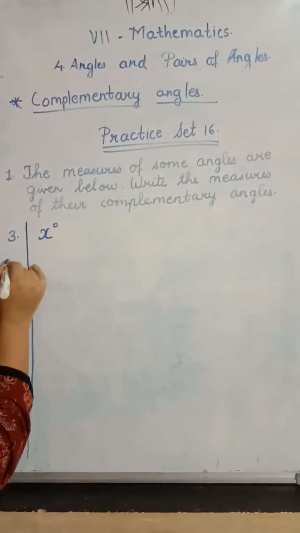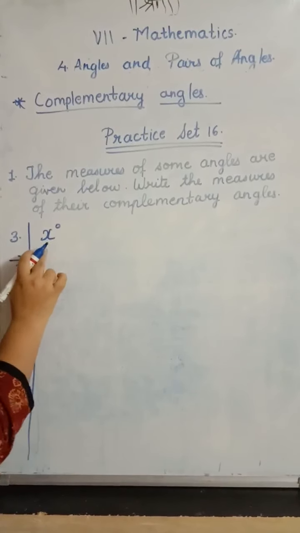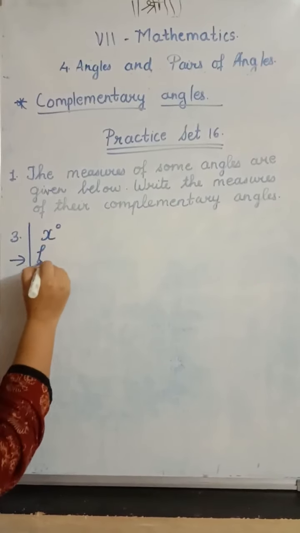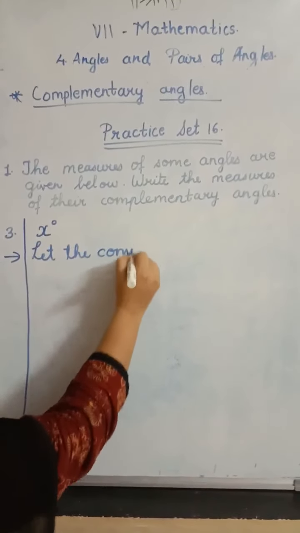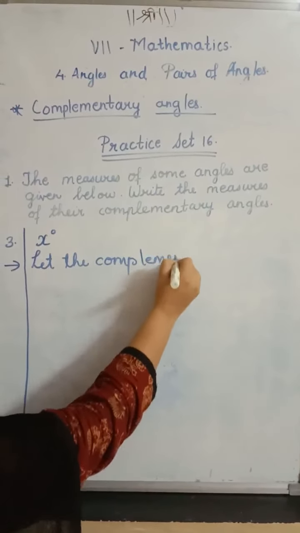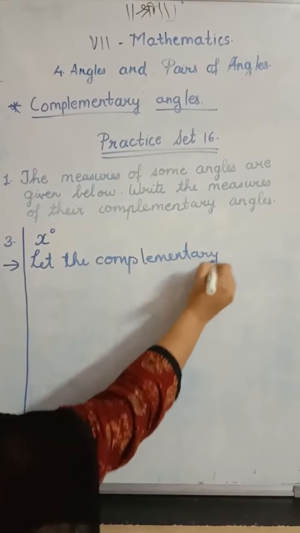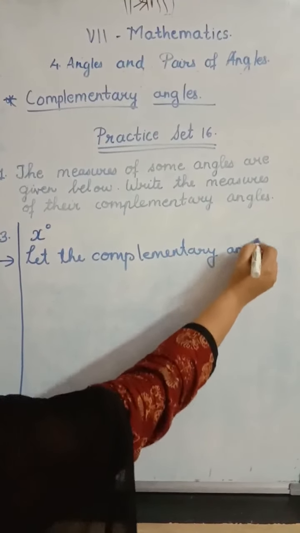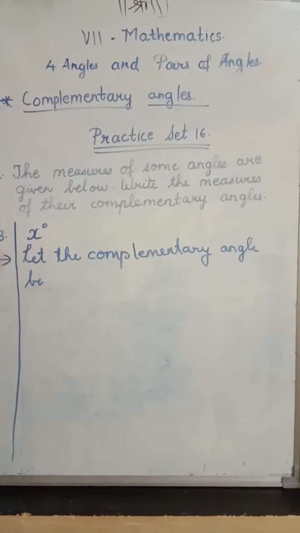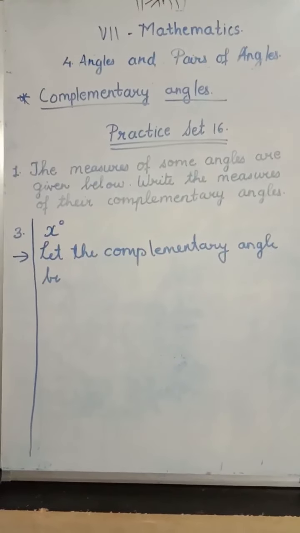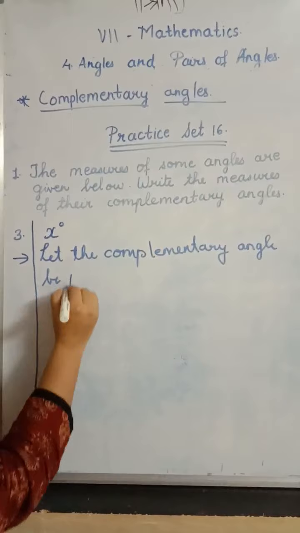First we don't know its complementary angle, so what will we write? Let the complementary angle be, now x is already there, so we'll assume some other alphabet, p.